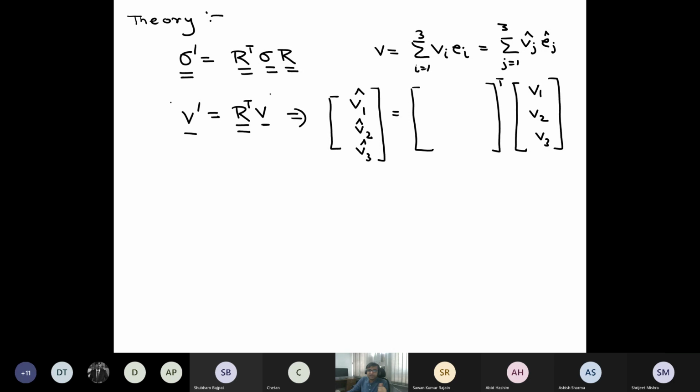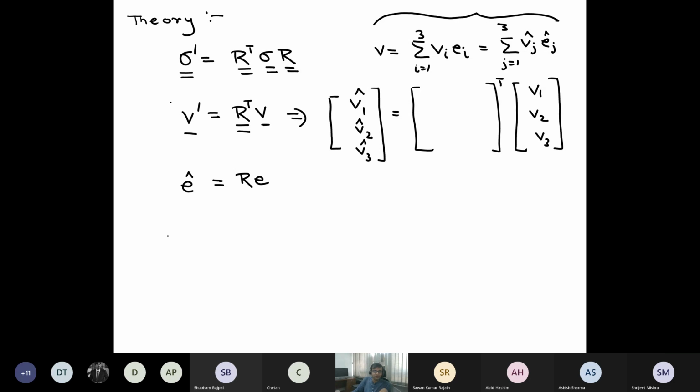But then one question I can ask is, how do you prove this? Can you prove that this happens? Yes, we can prove it. For proving this, we have E hat equal to R times E. So when you are transforming your basis function, it is R. The basis functions, or the unit vectors, get transformed using R, whereas the vector components get transformed following R transpose.